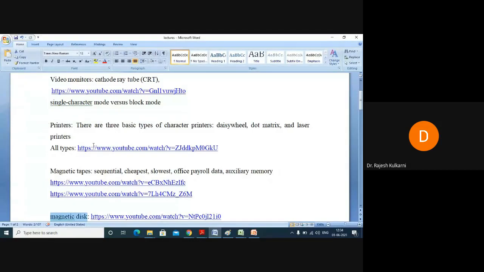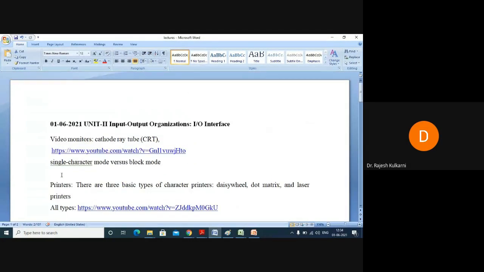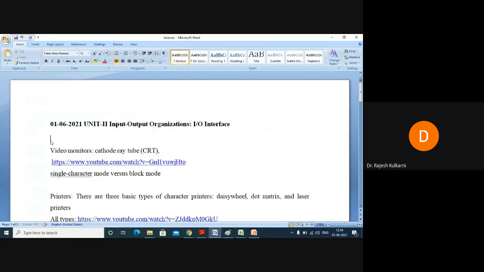Say, for example, there is a keyboard, is it not? What is the purpose of a keyboard? A keyboard is used to provide input to the computer. Whenever I press a key, I know that key is ASCII coded. But what is the speed of a keyboard?